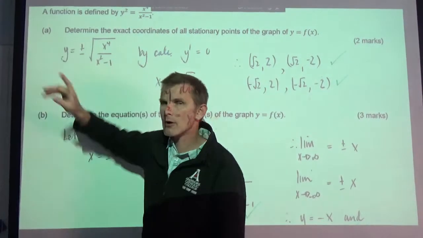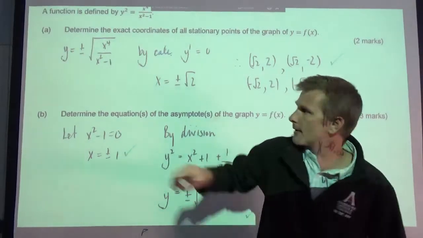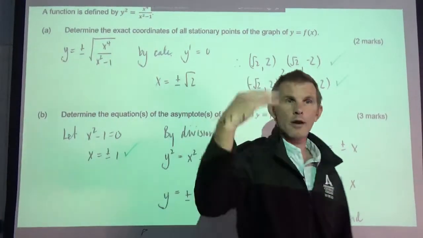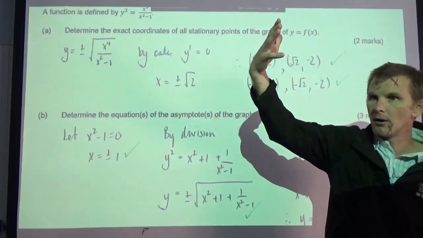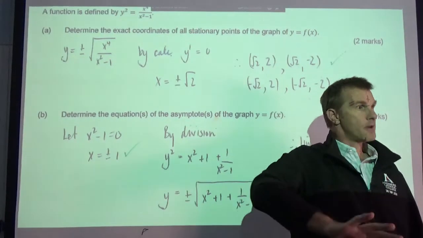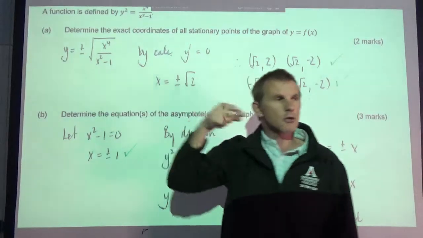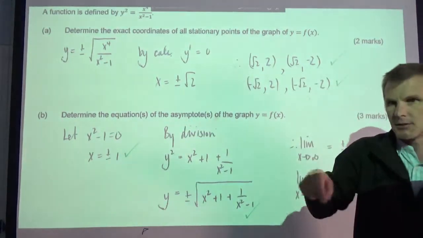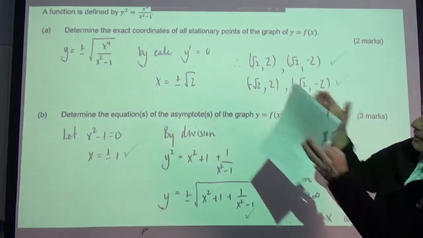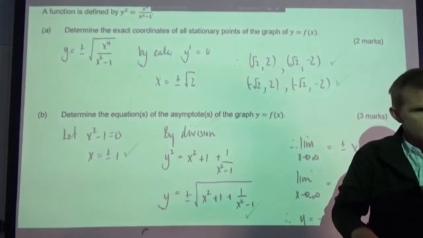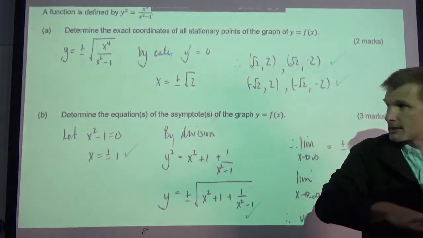So you've got to go, hang on, I'm telling the calculator to graph the positive part, but whatever it shows me on the top, I know it must flip over and be on the other side because it's plus and minus. So you've got to think, hang on, the calculator's not telling me the full story because I only gave it part of the equation. I've got to see that there's more and flip it over the x-axis.